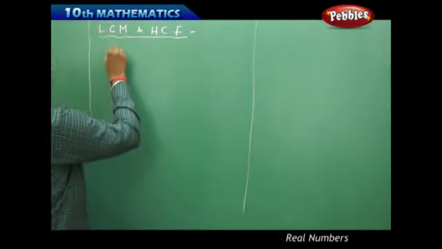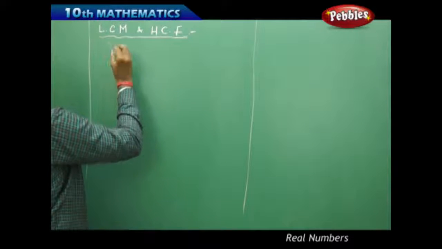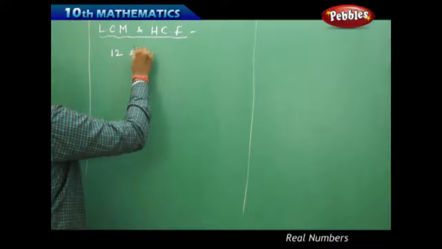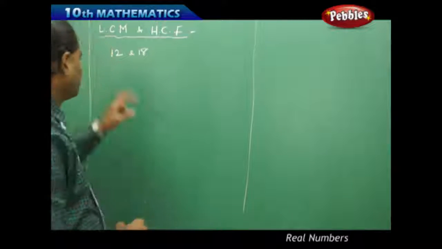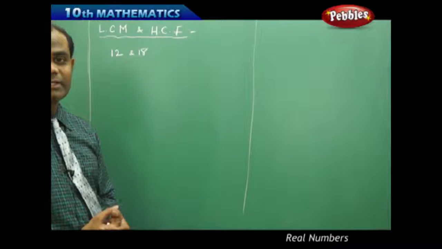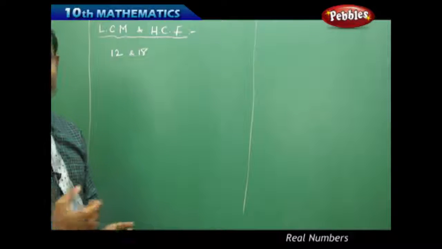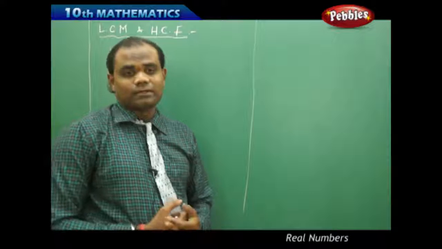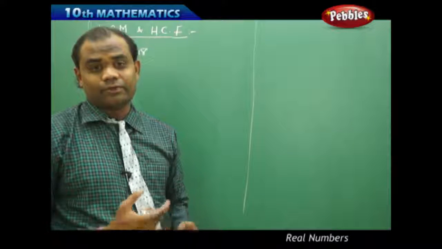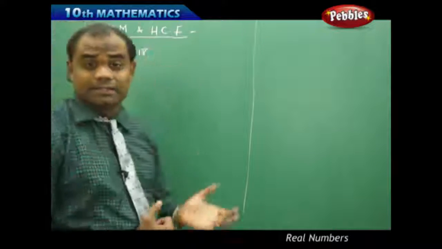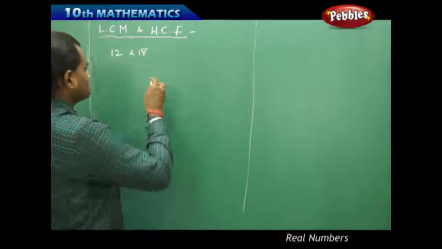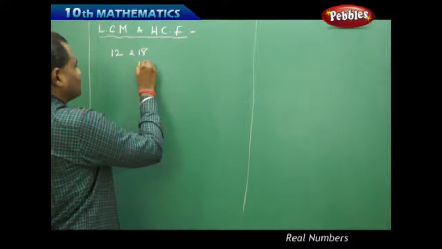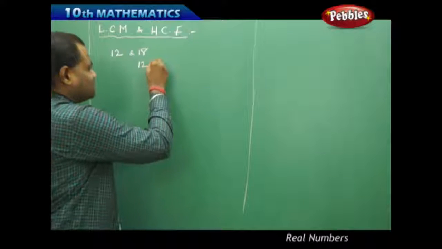If I take two values, 12 and 18, I want to find the LCM of 12 and 18, and I want to find the HCF of 12 and 18. So let's see how we are going to find each of the answers and then differentiate between understanding the LCM and the HCF.